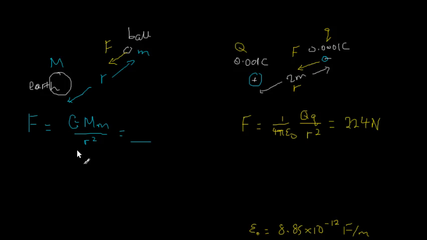Now what is important about this is that of all the symbols here, r is the only one that can change with the position of the object, whether it is the ball or the charge. Now the other terms are constant. They don't change. The charge and the mass don't change when you move the object around.